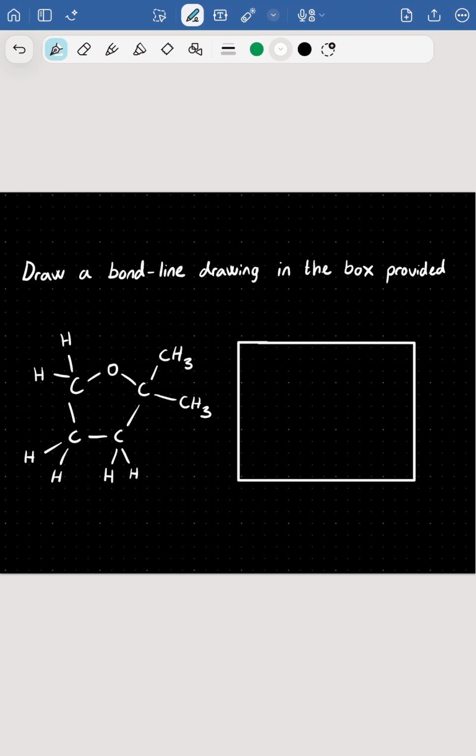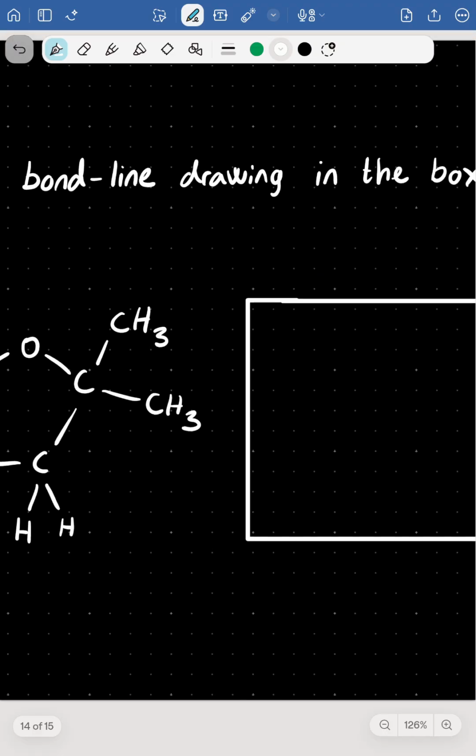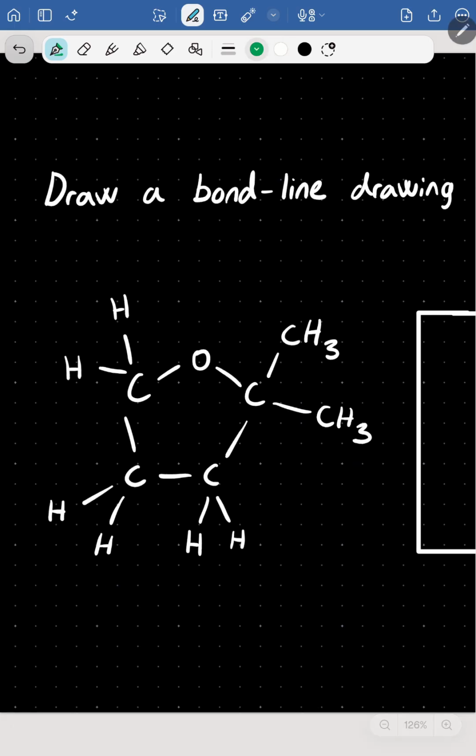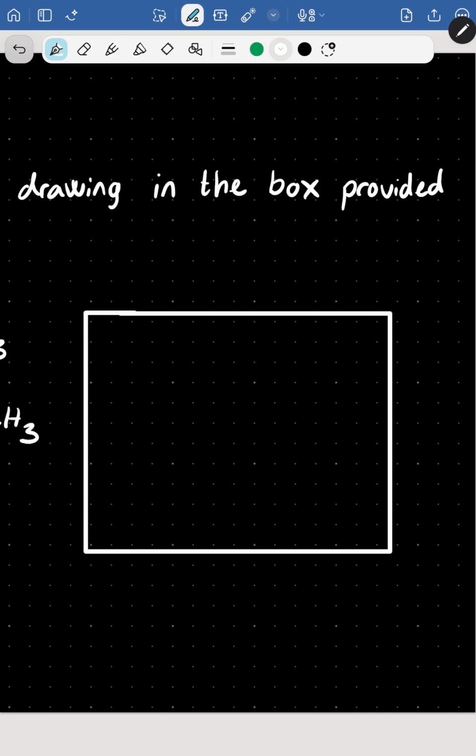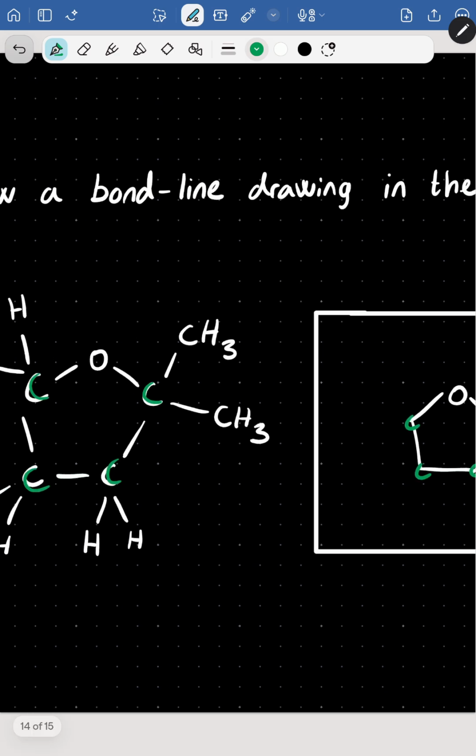All right, so we count the carbon atoms. So 1, 2, 3, 4 carbon atoms and oxygen in the middle. So we say 1, 2, 3, 4, oxygen. So 1, 2, 3, 4, boom, that's right.